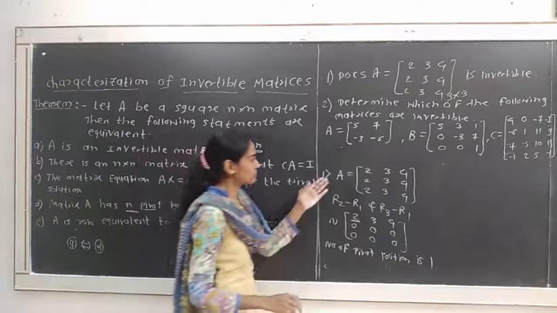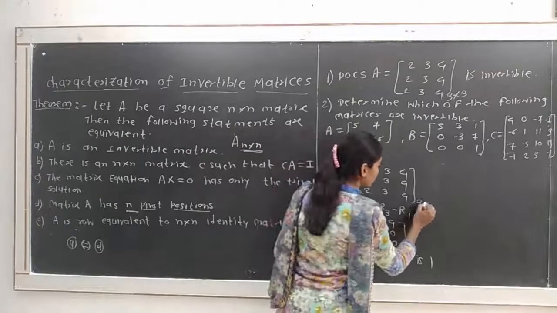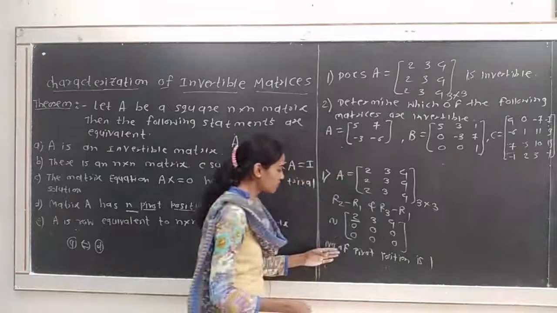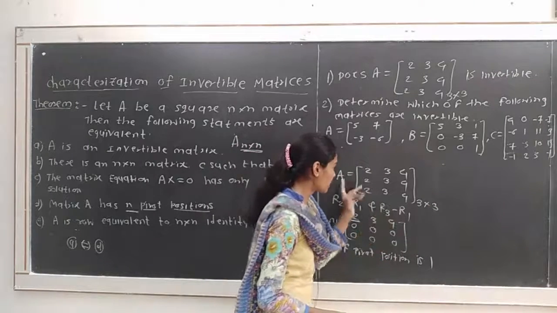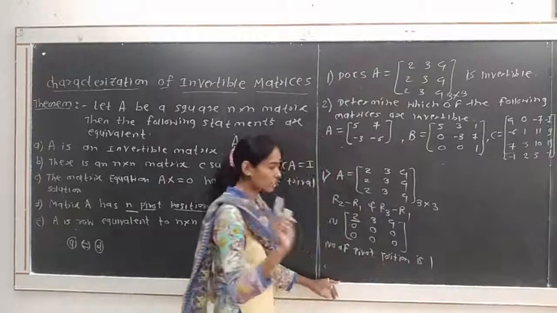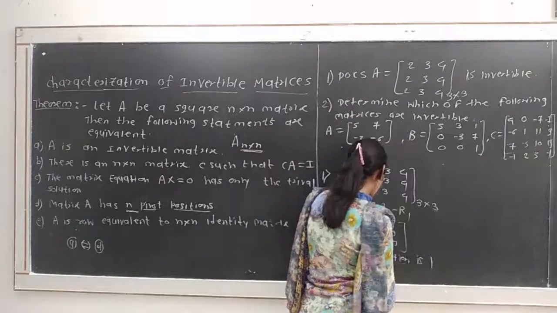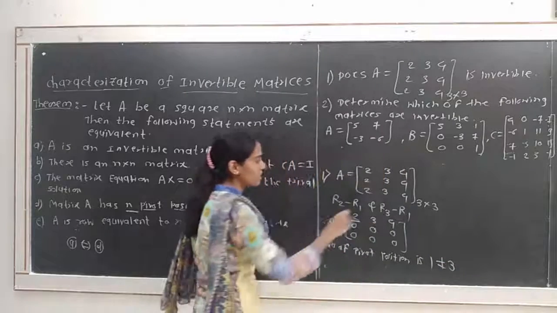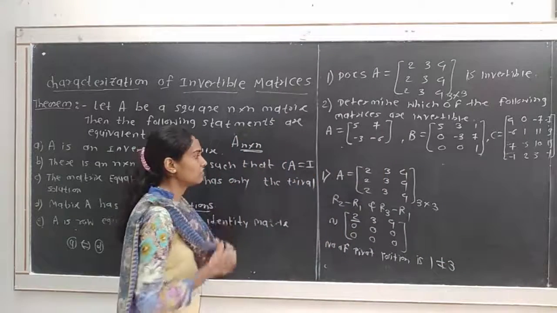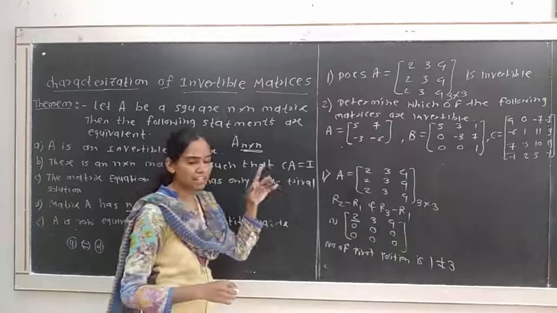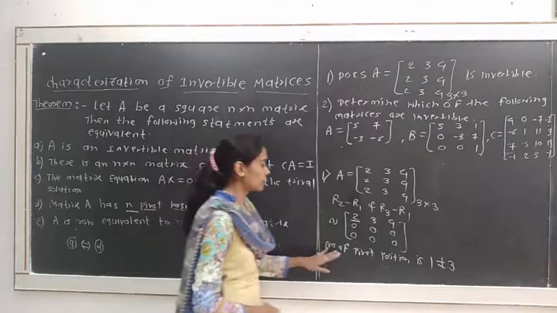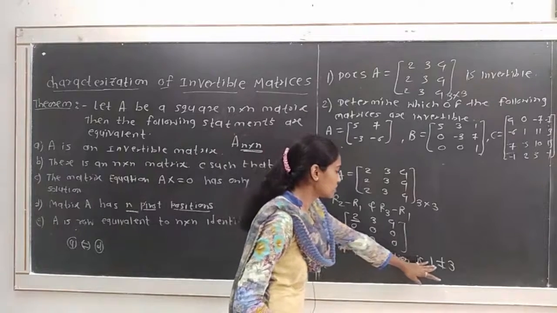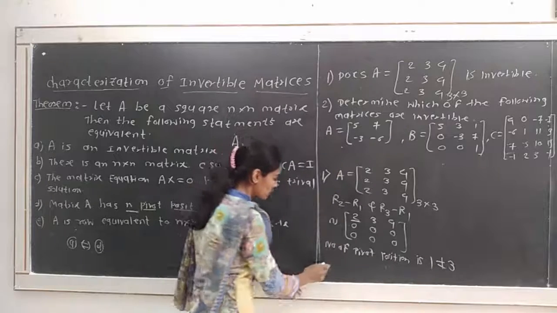Our matrix is of order 3 cross 3, and the number of pivot positions for matrix A is only 1, not equal to 3. If we had 3 pivot positions, then we could say that A is invertible, but here the number of pivot positions is 1, which is not equal to 3.